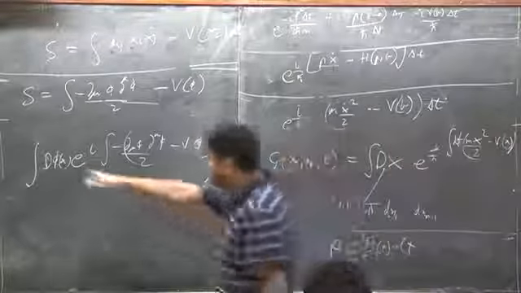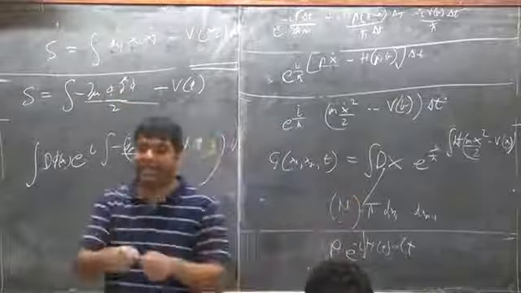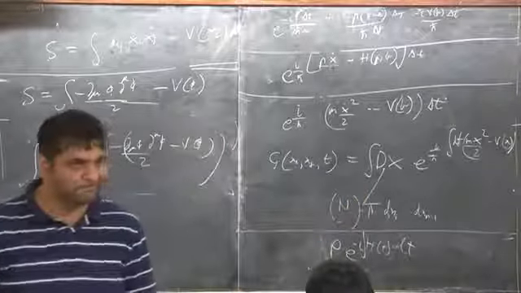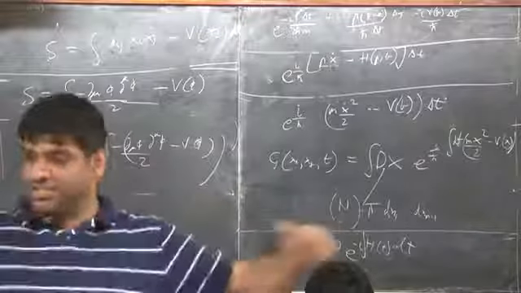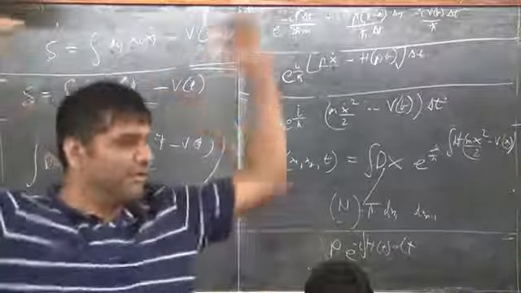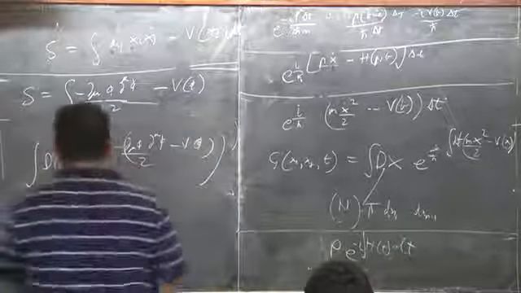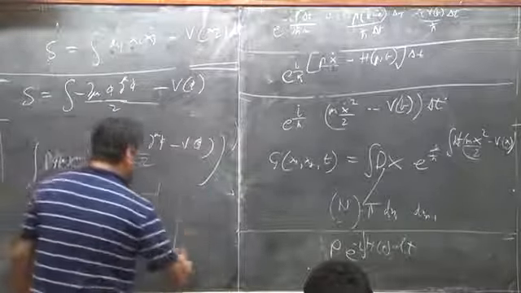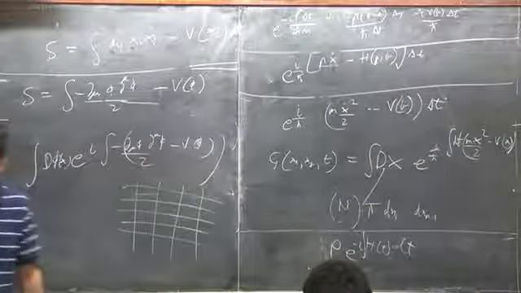Because space now plays the role of the label, you have to do the path integral over each of the label variables, so each spatial point. And then time is discretized according to the definition of the path integral. So the way that we make sense of this, imagine that you've got a grid in space-time.